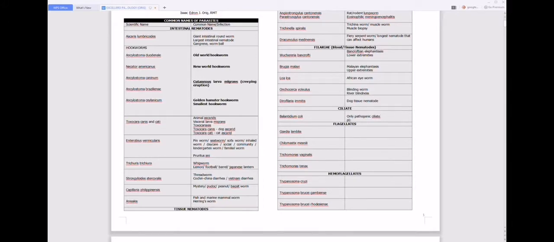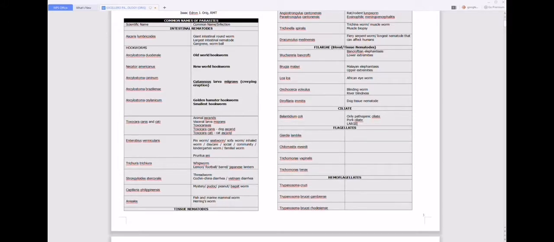And it is also called as pork ciliate kasi it can be acquired through ingesting pork or undercooked pork. And it is the largest intestinal protozoan. Okay? So it is the largest intestinal protozoan. So Balantidium coli, very special, only pathogenic ciliate, and it is also the largest intestinal protozoan.